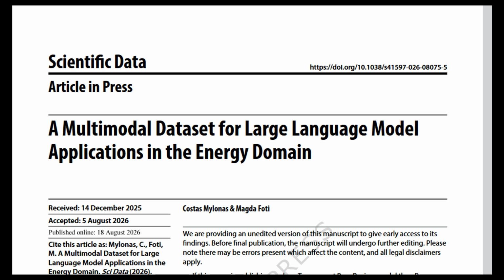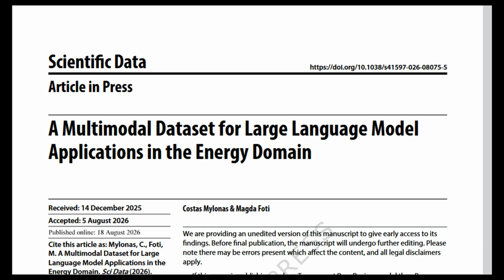Currently, publicly available energy datasets are fragmented, typically focusing on single modalities. Numerical data comes from ENTSO-E or Eurostat, geospatial data from OpenStreetMap, textual information from policy documents, and satellite imagery from Copernicus, all existing in isolation.